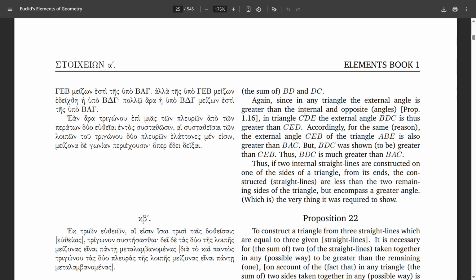Anyway, again, since in any triangle the external angle is greater than the internal and opposite angles, Prop 16, BDC is thus greater than CED.